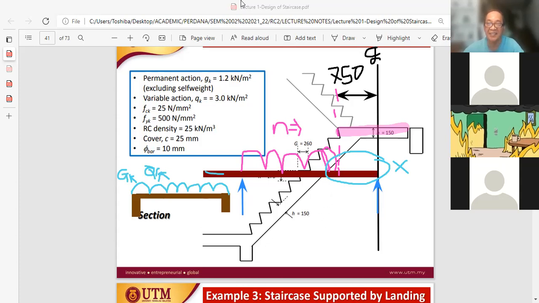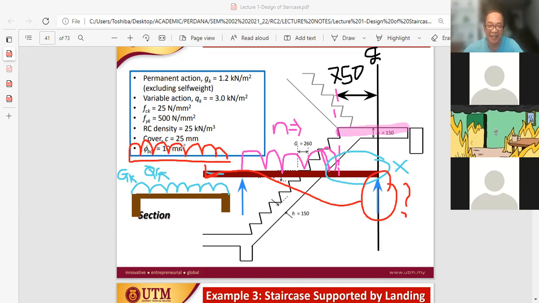Only this reaction, once we determine what it is, will then be added here. This reaction looks like a point load here, but actually it is a UDL load in kilonewton per meter, per meter width of the staircase.